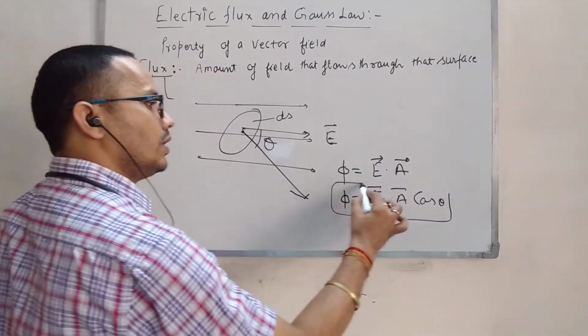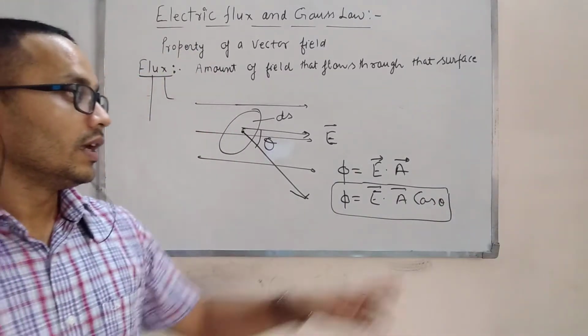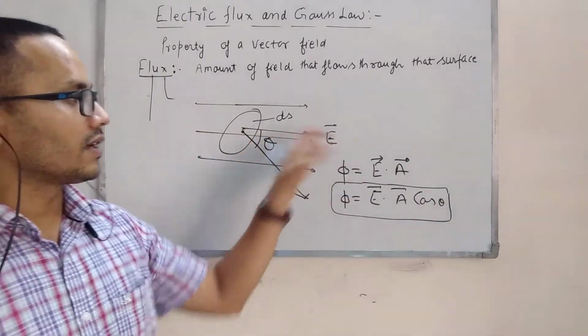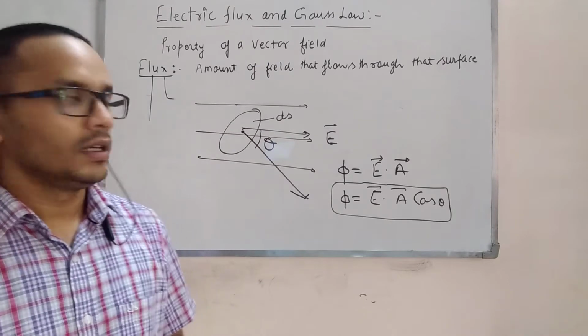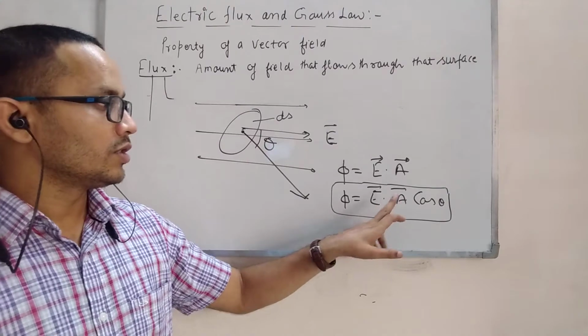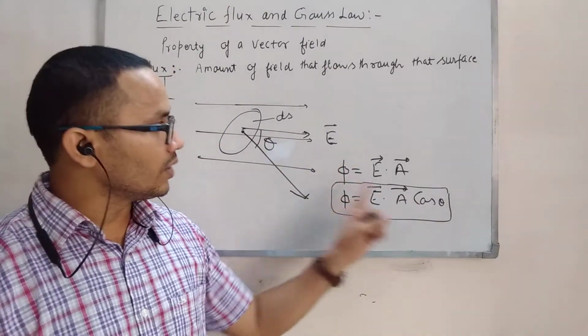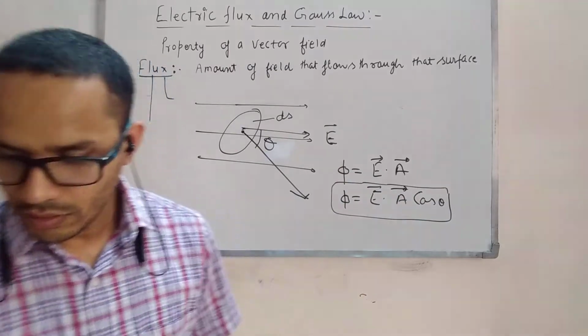So phi is equal to E dot A. It means phi is equal to EA cos theta, where theta is the angle between the electric field and the area vector. You have to focus on this one, because in so many questions, the area vector plays a very important role in the calculation of the flux.